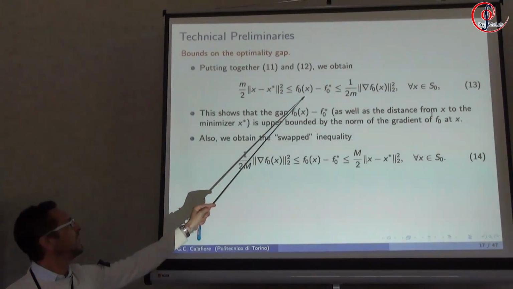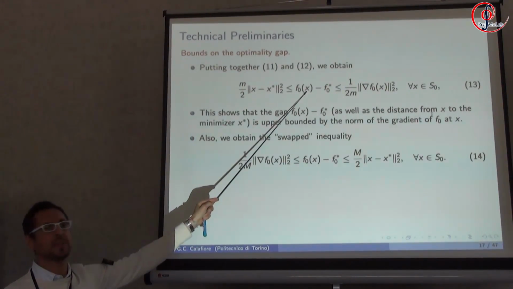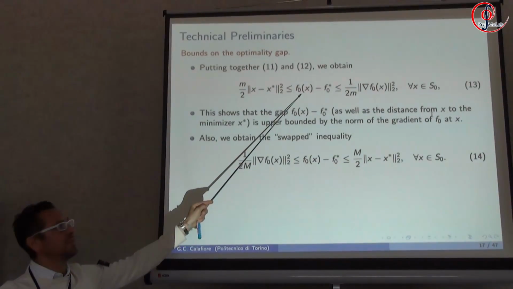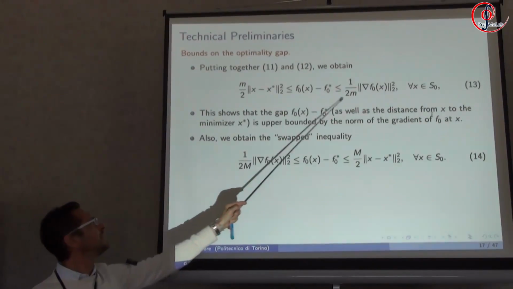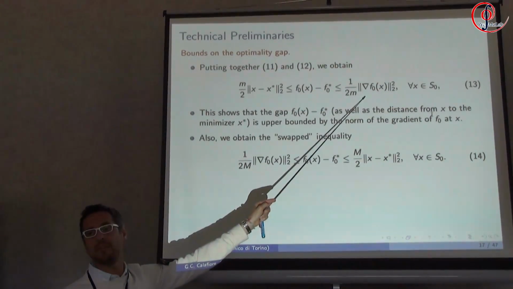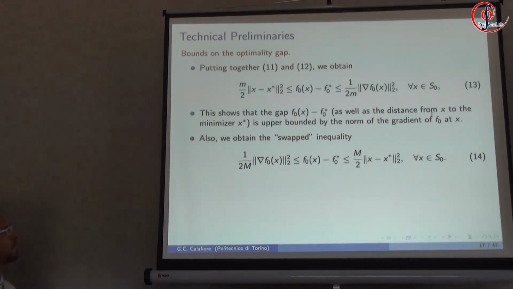What we obtain is this: this is the optimality gap. Suppose that we are at a point x. This is the difference between the value f0 at x and the optimal value, and this difference is bounded from above by this quantity here. Okay?